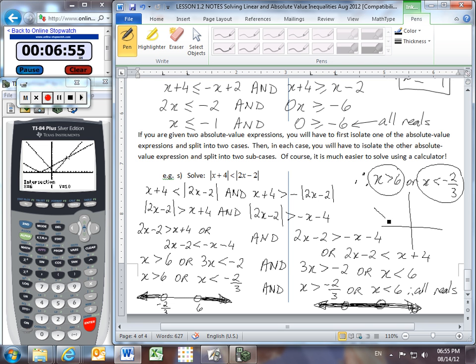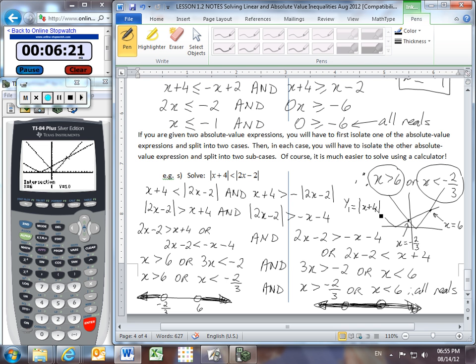So here's my first curve, and here's my second curve. And then we just need to show that these intersection points occur at, well, whatever they were. That was an x value of negative 2/3, wasn't it? And that's an x value of 6. And I should label them. So that's y1 is equal to the absolute value of x plus 4.